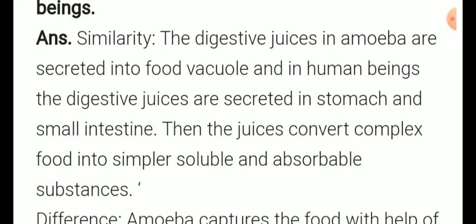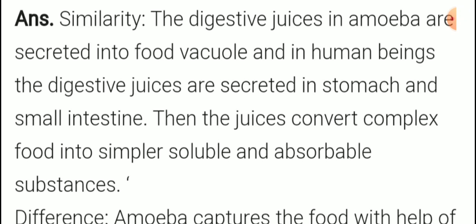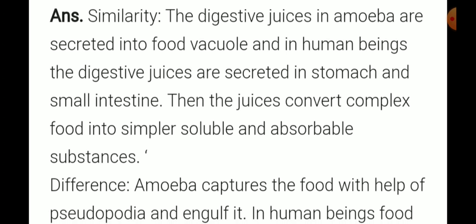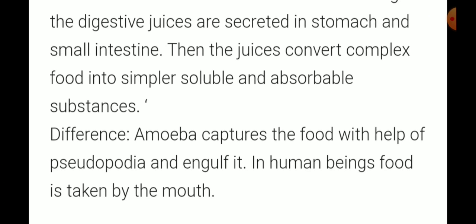The juices convert complex food into simpler, soluble and absorbable substances. This is the similarity.